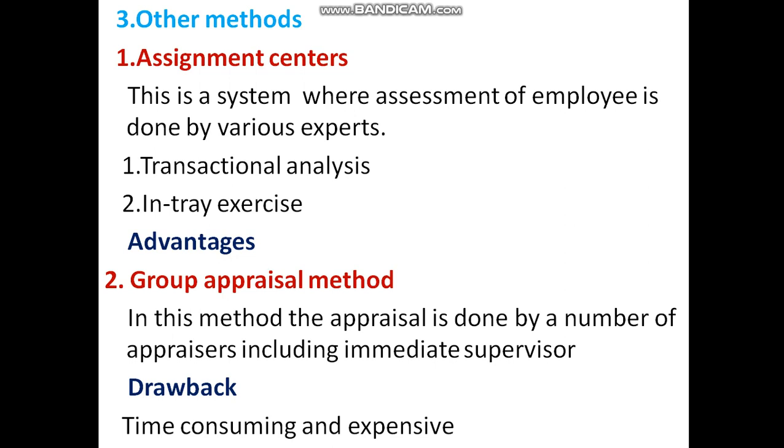The in-tray exercise is a paper-based simulation where candidates are given a business-related scenario accompanied by a list of related tasks, including telephone calls, emails, complaints, and reports.